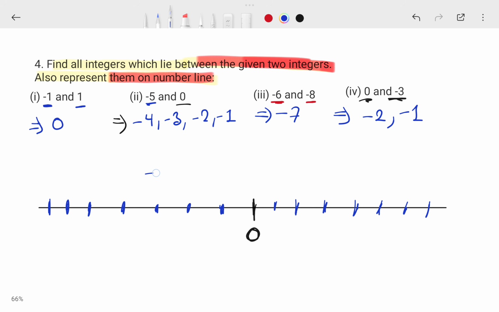Okay, this is for the negative side and this is for the positive side. Okay now, I hope you know. So here we have to represent 0, so I already represent 0 here. We have to represent -4. Let's count. This is minus, this is -1, this is -2, this is -3, so -4. We have to represent -4 here.